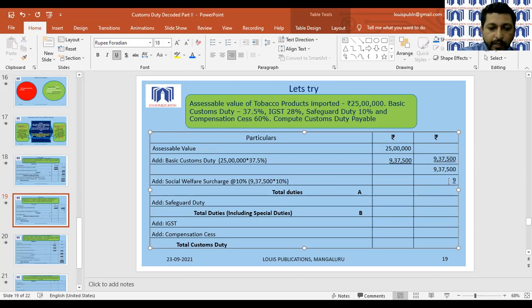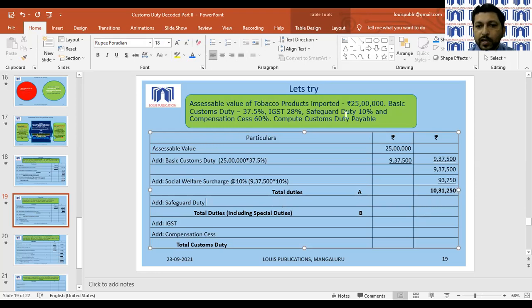So I record 93,750, 10% of that. So the total of 9,37,500 plus 93,750 will be 10,31,250.